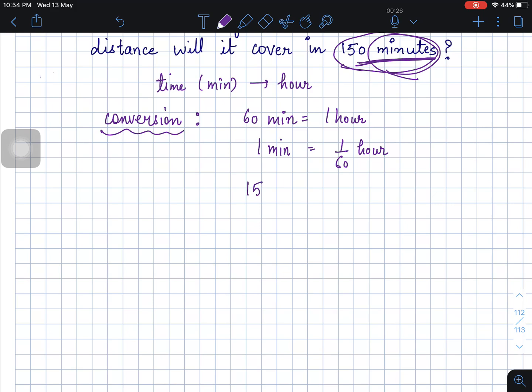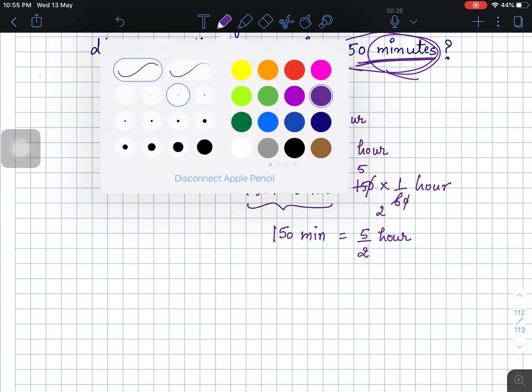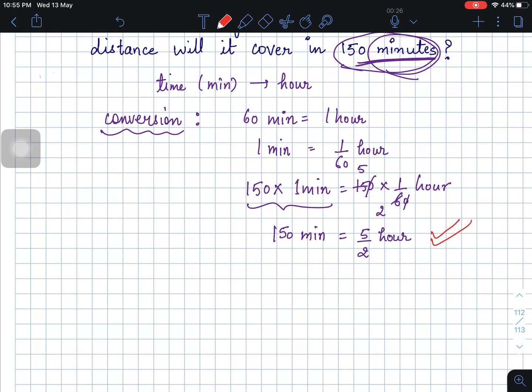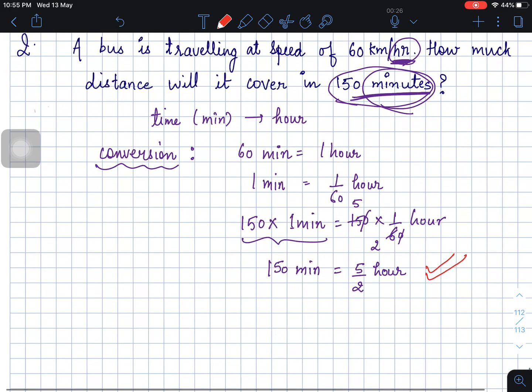Now multiply both sides by 150. 150 into 1 by 60 hour, so this becomes 150 minutes. Here you can cut 0 and cut this also. So you get 2, you get 5, so you get 5 by 2 hour. Now we have the time in hours.